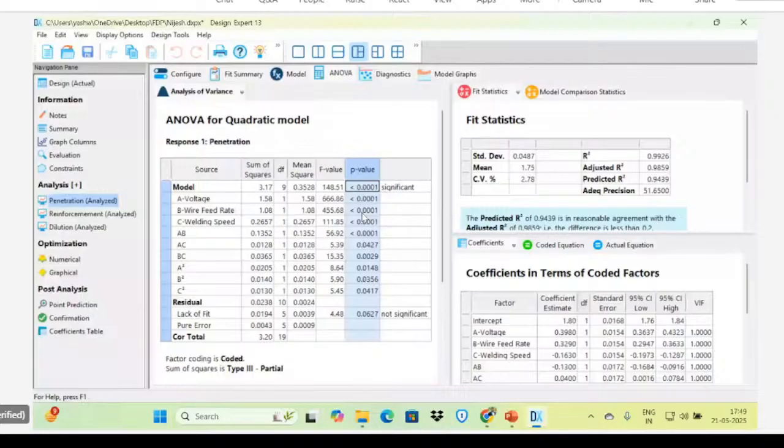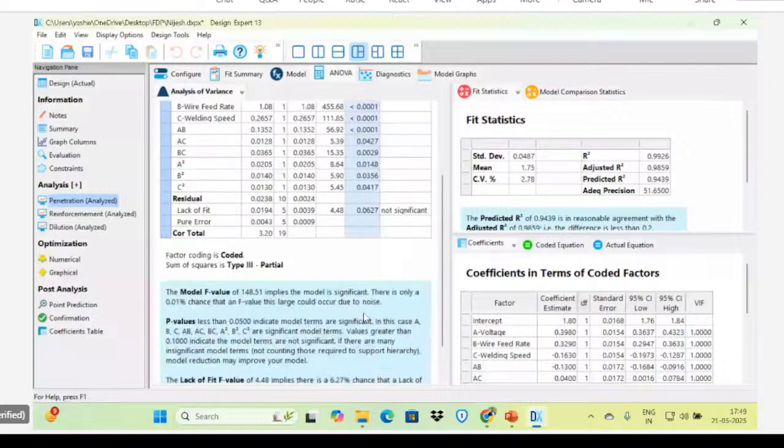As we already understood in BTech times, the 95% confidence level interval, so that 5% is the negligence rate. In the software also, it is showing the p value should be less than 0.05, indicating model terms are significant.